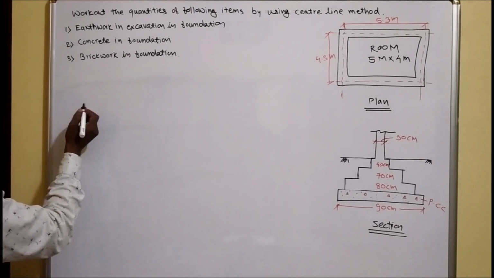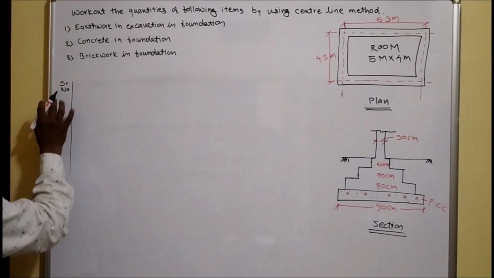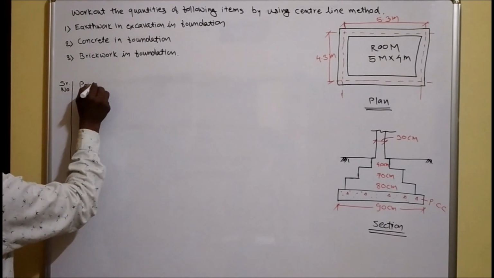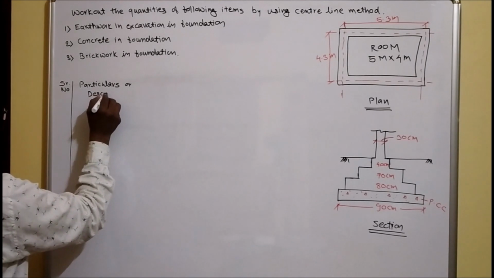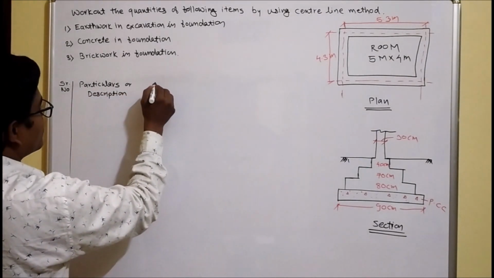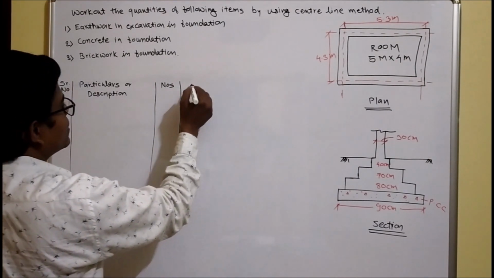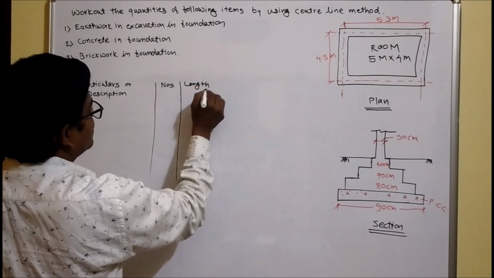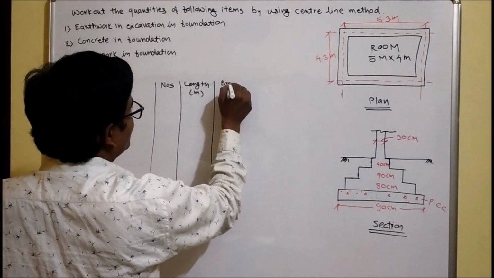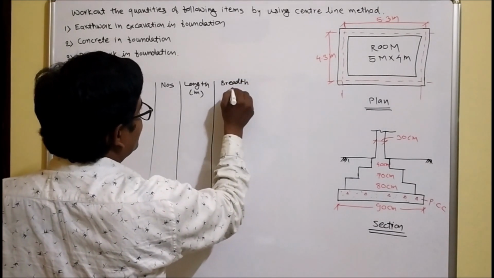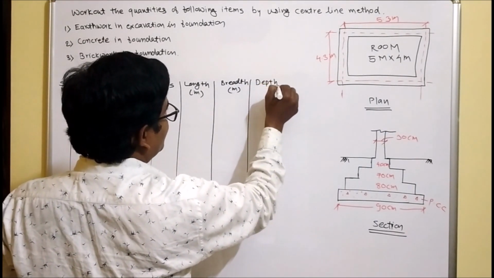Now these quantities we have to enter into the measurement sheet. So in measurement sheet there are various columns, that is serial number, particulars or description, after that NOS, numbers, length in meter, breadth or width, this is also in meter, and height or depth, this is also in meter.